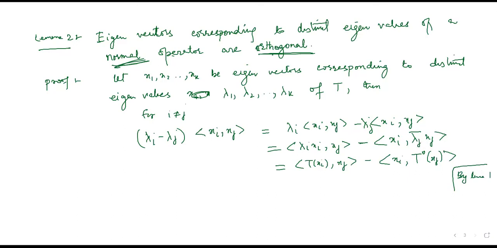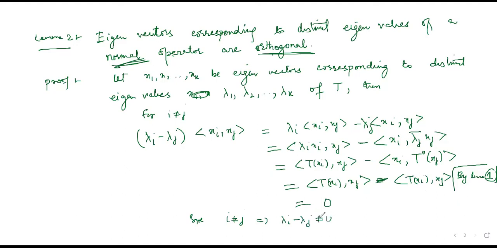But that can be written by the defining property of the adjoint. This is the same thing as T of xi comma xj minus T of xi comma xj, so this is 0. Now since i is not equal to j, because they are distinct, lambda i minus lambda j cannot be 0. This product is 0 and this number is not 0, which means the other number is 0.